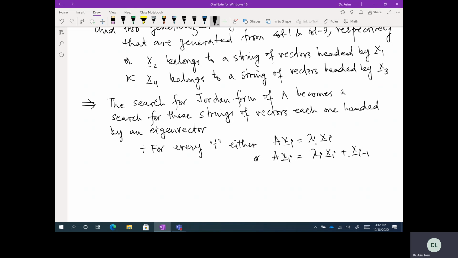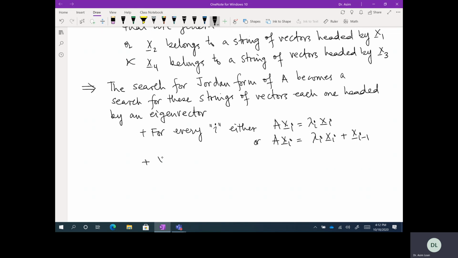The coefficient here is 1 in the Jordan block, that's why this is i minus 1. And xi belongs to columns of M, where each string produces a single Jordan block.